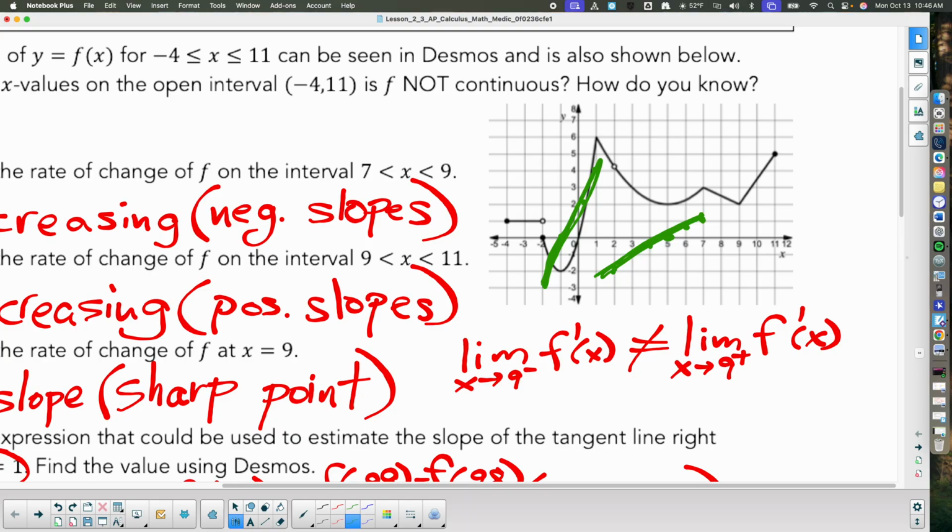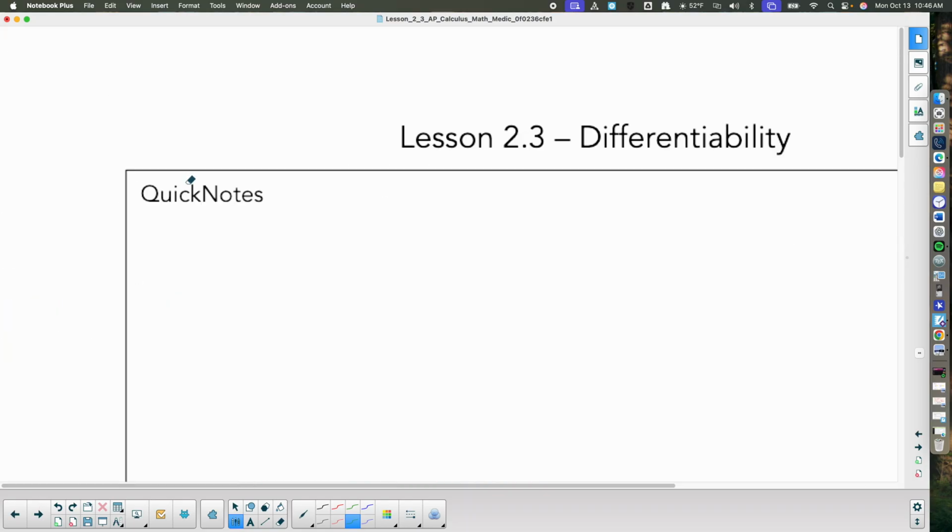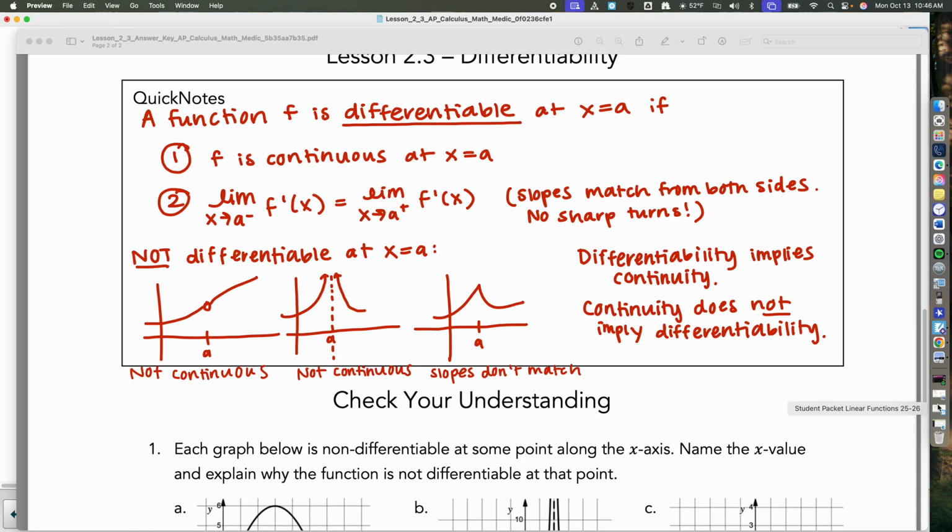So here's the part where I didn't know if you wanted to do today or tomorrow. I didn't know if you wanted to copy this down before you started the homework. It basically already says what I talked about.